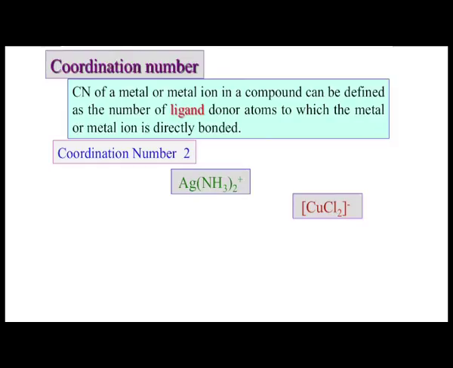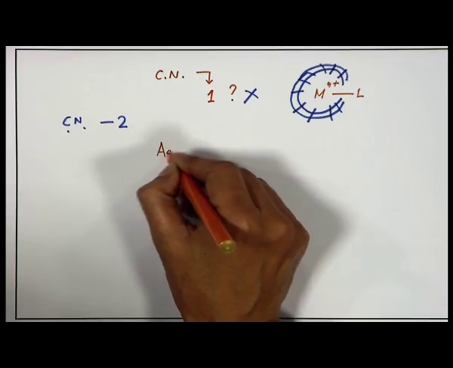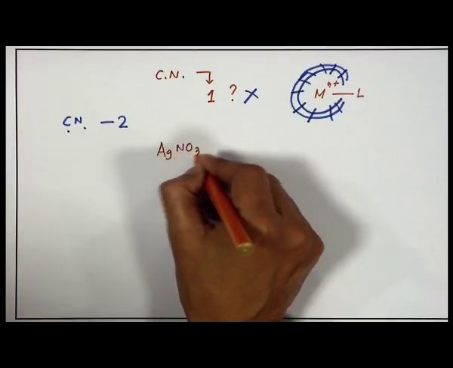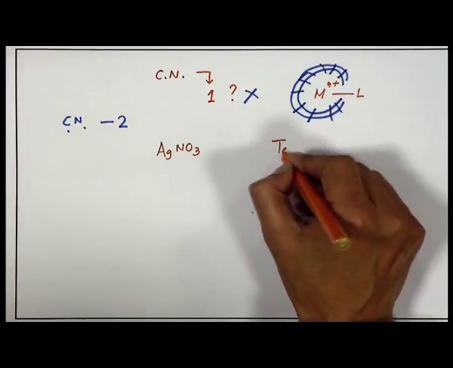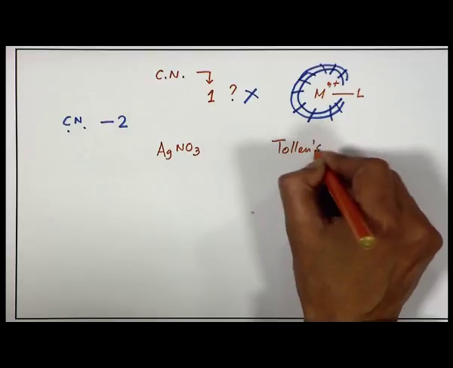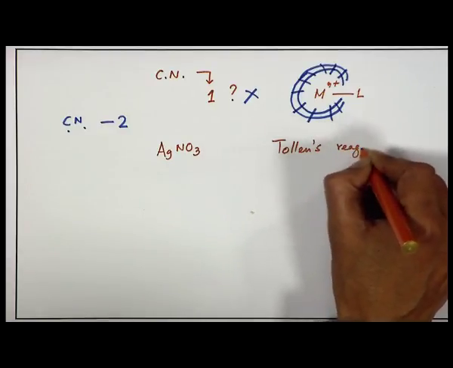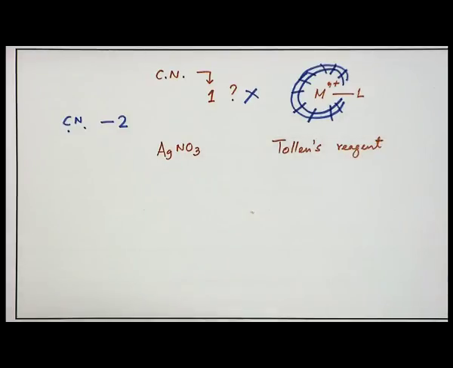So, silver as silver nitrate and preparation of that Tollens reagent can also be helpful, because most of the time we use the Tollens reagent, and in the laboratory you are supposed to know that particular reaction.